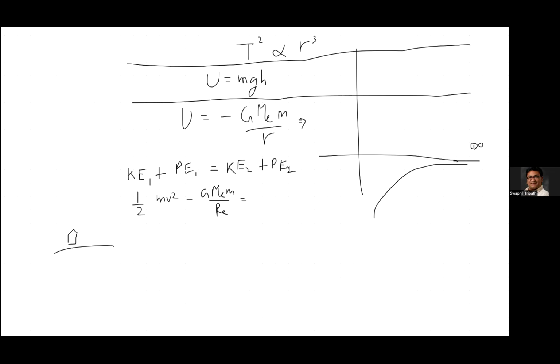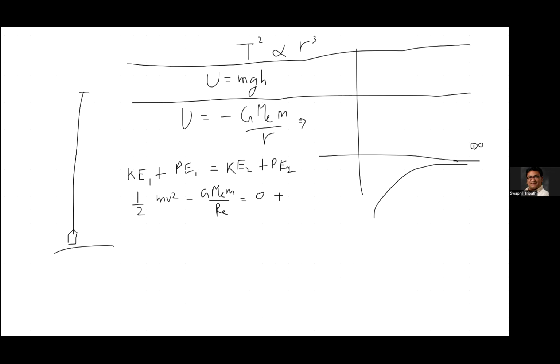And how high can it go? If you know the initial velocity, how high can it go? So at the peak, its kinetic energy will be zero. So we'll put that as zero here. And then what is the potential energy at this point?